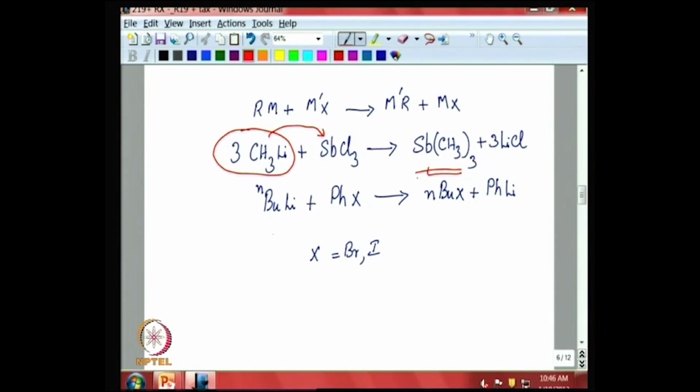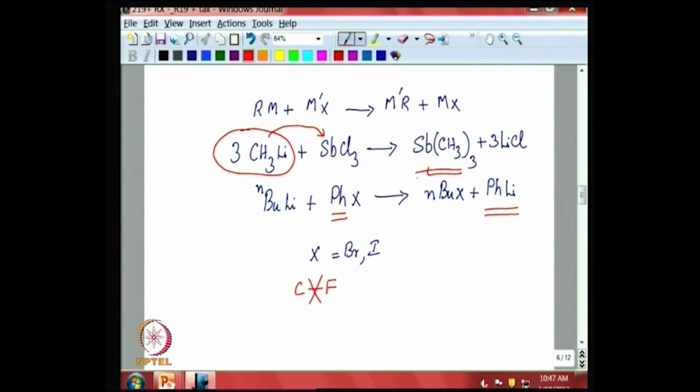I am going to transfer the butyl group to a halogen and a phenyl group to the lithium, and because the phenyl lithium has a better interaction compared to the butyl, this reaction proceeds from left to right, and you have elimination of butyl halide. Now, it is very difficult to break carbon fluorine bonds. It is a very strong bond and it is not possible to break it.